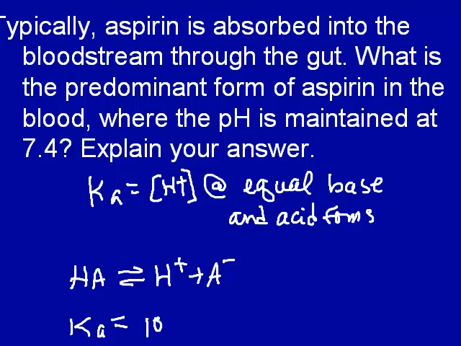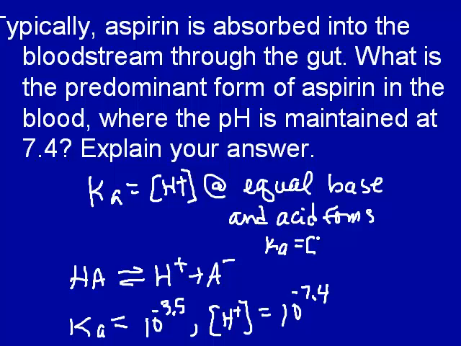So Ka was 10 to the minus 3.5, and now the H plus concentration is equal to 10 to the minus 7.4. Now at equal acid and base concentrations, Ka would equal H plus. So at equal acid and base concentrations, the concentration of H plus would be equal to, in this case, 10 to the minus 3.5.